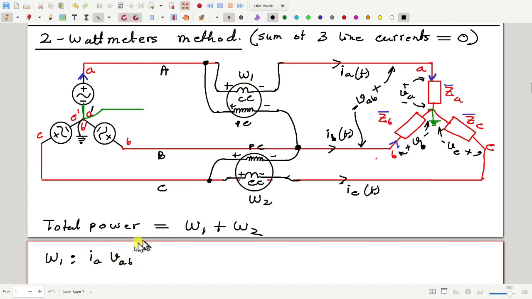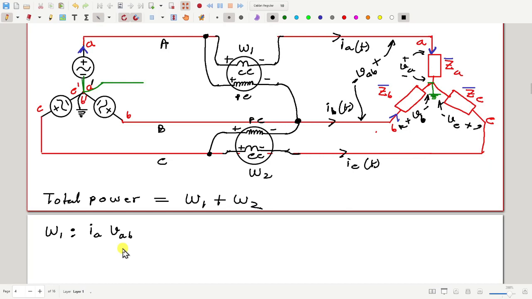Let me not write t all the time to make it cleaner. So that is W1. Then how much is the instantaneous power at any particular time? I'm not writing time all the time.